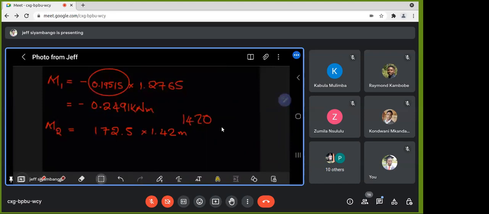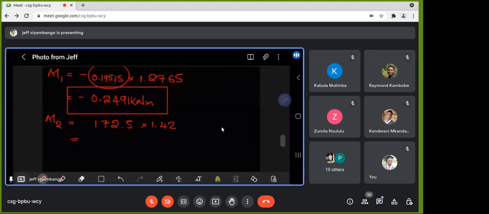Now I am guaranteed that when I multiply, it will give me the same units as the other one, so I can easily add them. Multiplying by 1.42, we get 244.95 kilonewton meters.